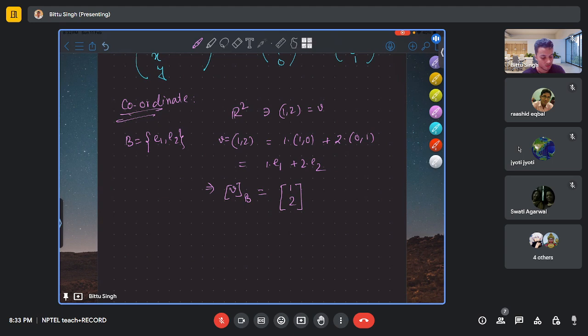We have written it as a column vector because 1, 2 times E1, E2 is the same as this. Coordinates are always written as a column vector. This is the format.